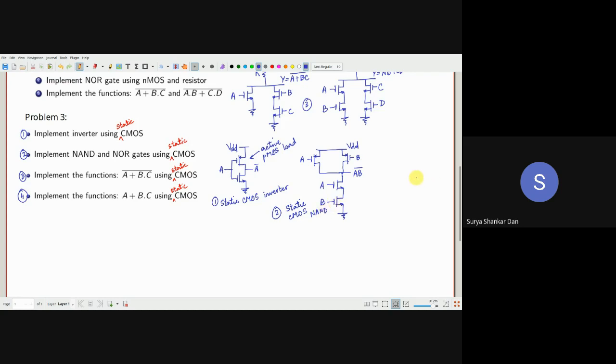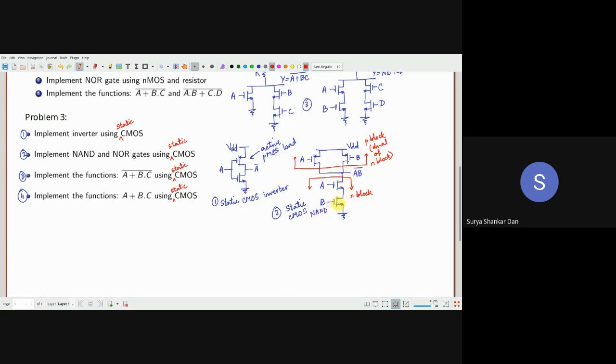Now let me just write it for your future reference. So this is your N block, and this is your P block. This is just the dual of N block.